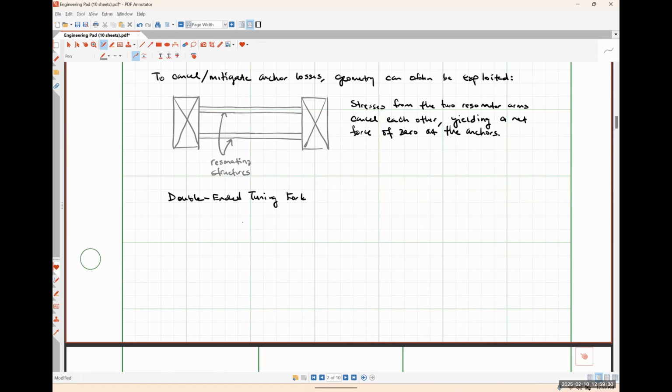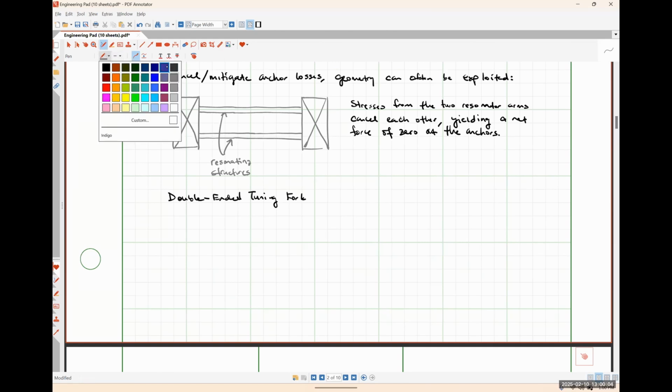If they vibrate 180 degrees out of phase, meaning when one deflects up, the other one deflects down, the net stress is going to be 0 at our anchor points. Or by geometric spacing them so that, for whatever frequency, the physical implementation of the system causes it so when one goes up, the other will sympathetically deflect down and vice versa.